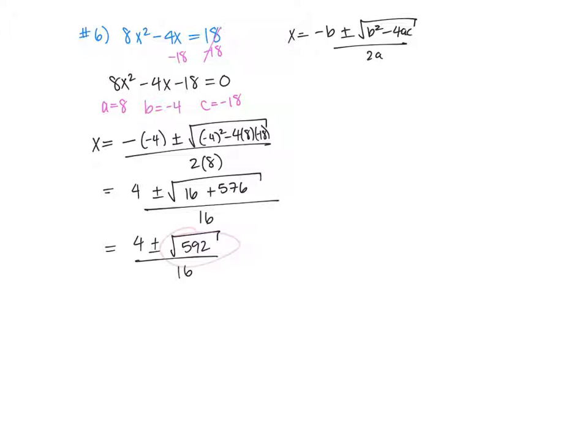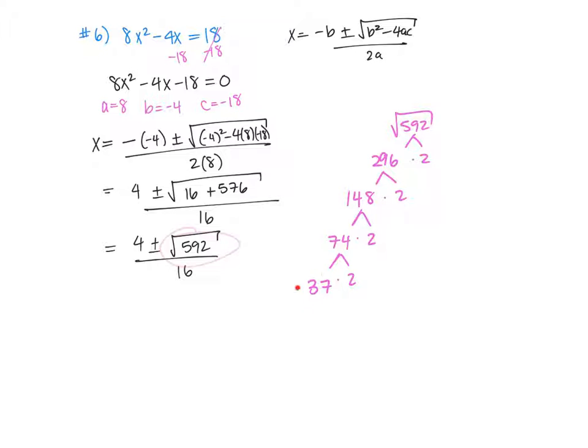All right, so I need to take this root here for a moment and try to see if I can simplify that. So I know that it's an even number, so 2 will divide nicely. If you divide it by 2, you get 296. And that's still an even number, so it divides by 2, which is 148. And that's still even, so I can break it down by 2 again. If I divide by 2, I get 74. If I divide by another 2, I get 37.